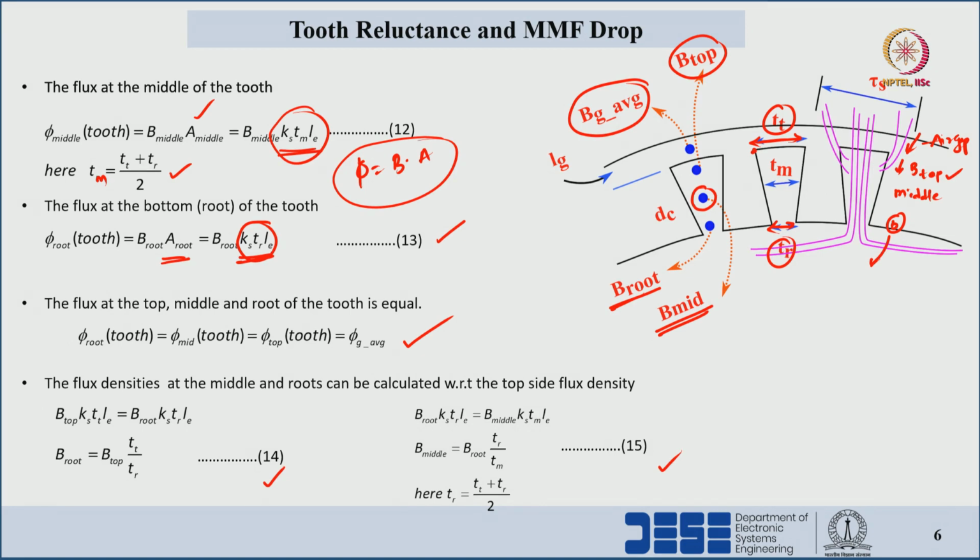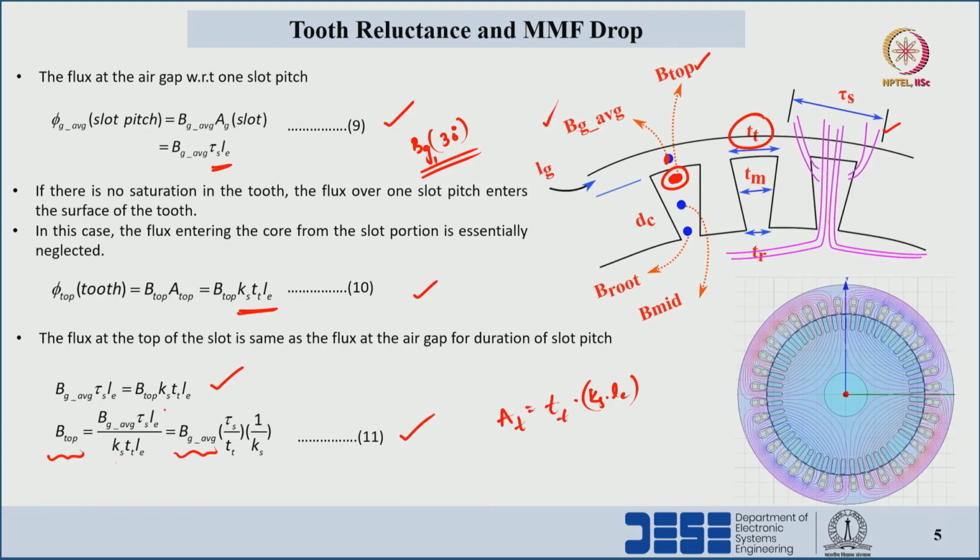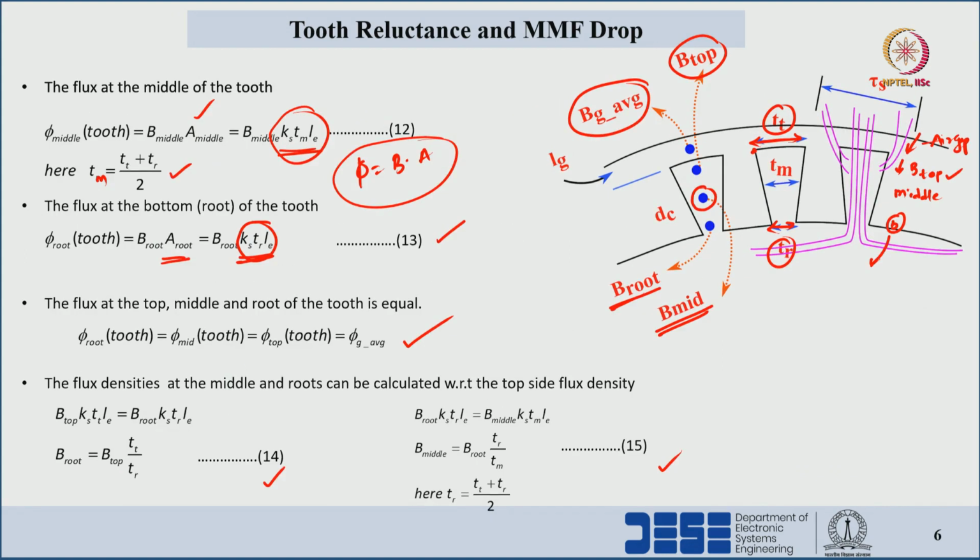Here, by equating equation number 10 to 12, we get B root, that is the flux density at the bottom side of the tooth, equal to the flux density at the top side of the tooth into the width factor.